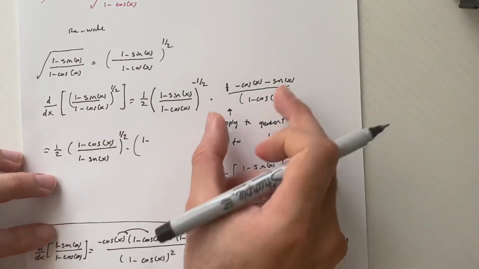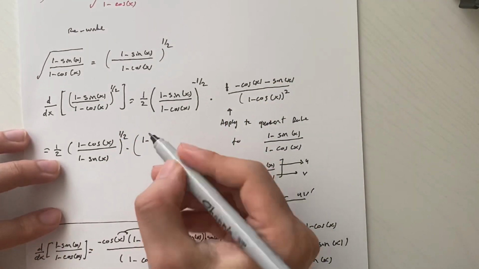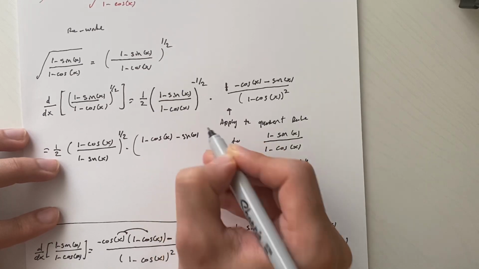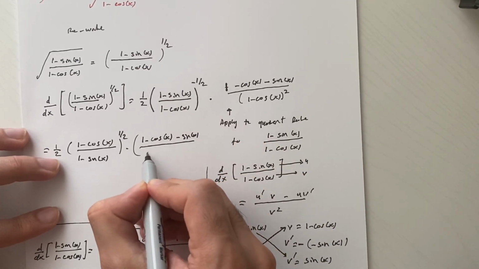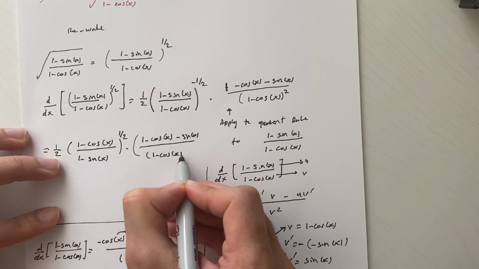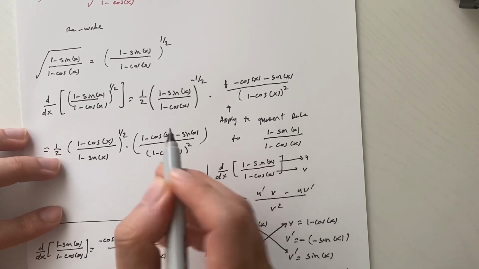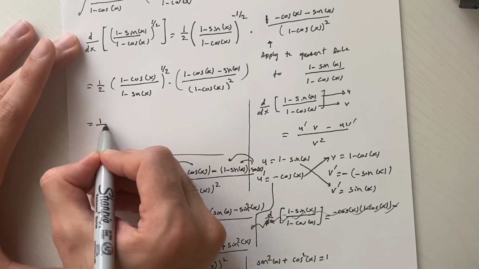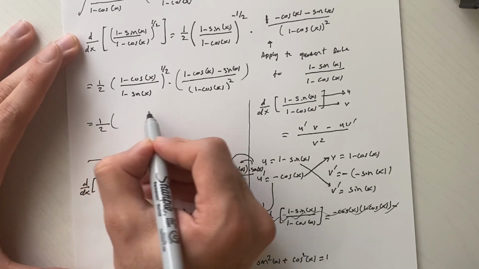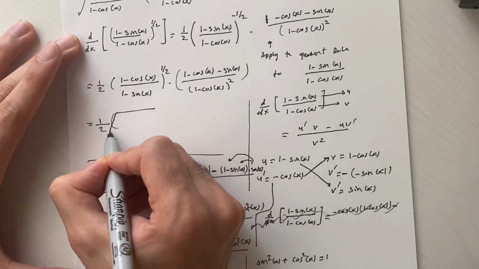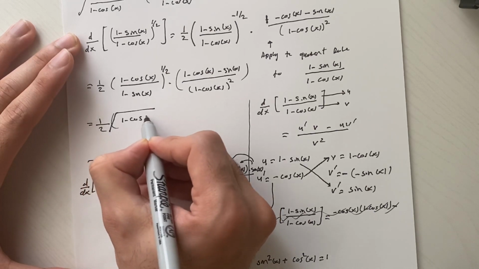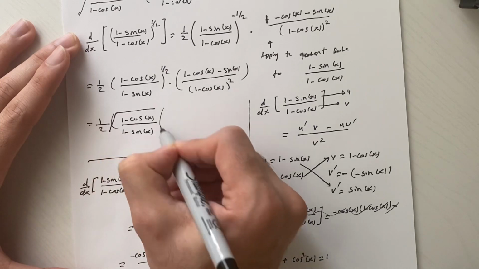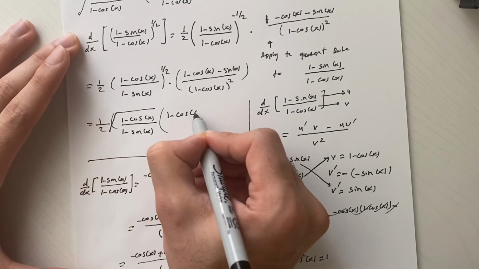And then I'm going to write what's left, which is 1 minus cosine of x minus sine of x all over 1 minus cosine of x all squared. Now the power of half can also be written as a square root. So it's going to be the square root of 1 minus cosine of x over 1 minus sine of x, and that's going to be the same.